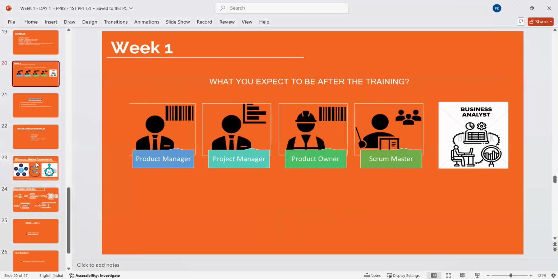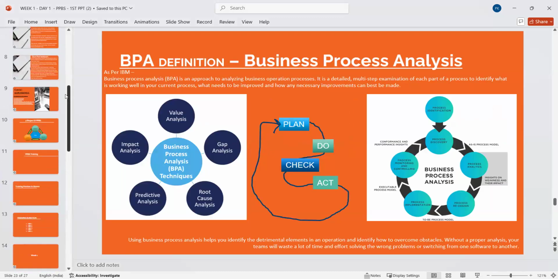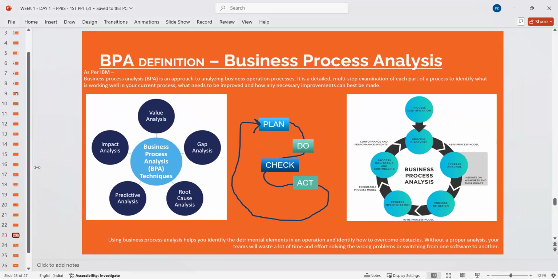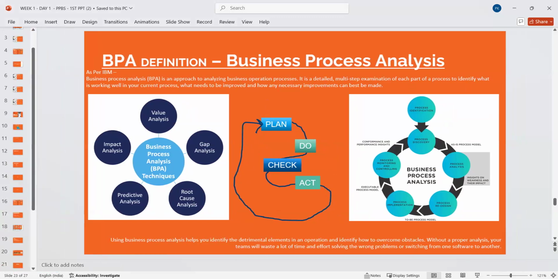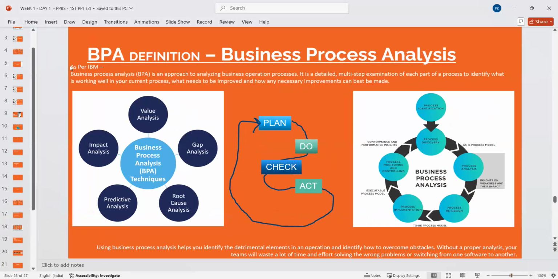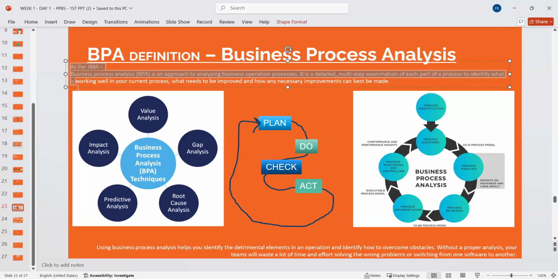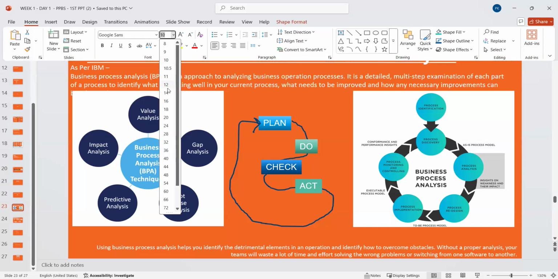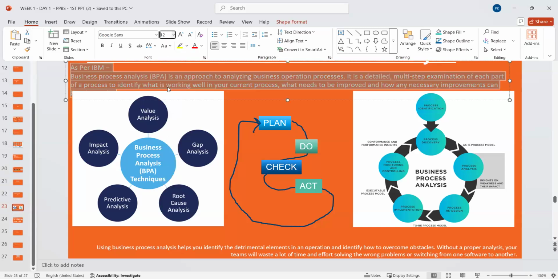Is my screen properly visible to all of you? Yes, ma'am. Give me a second, I'll enlarge it so you can read it better. Is it readable for everyone? This text mentioned here, is it readable? Yes, this one is visible, but this right side is very small. Give me a second.